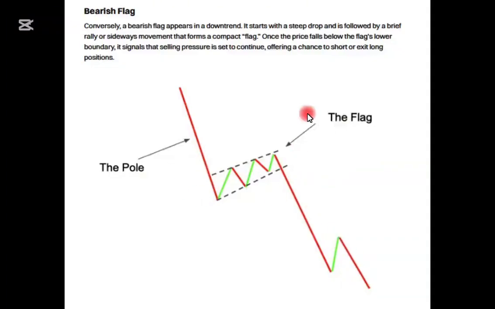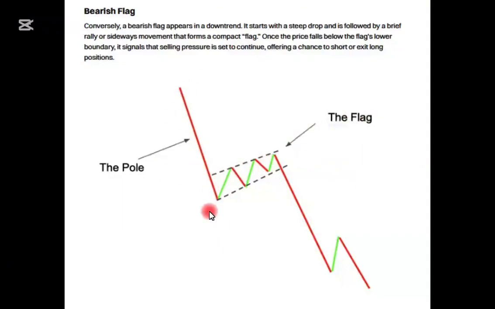All right, so this is an example of the bearish flag pattern. Just identify it as this is the pole and this is the flag. Just like the name states, flag, we have the pole and we have the flag. So this consolidating area is the flag and this is the pole of the flag.